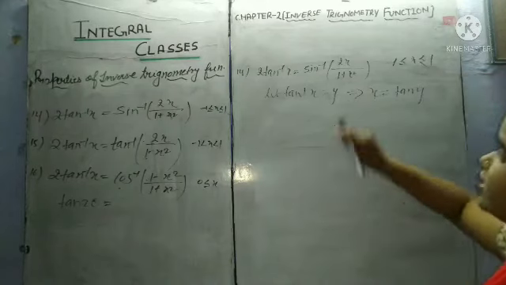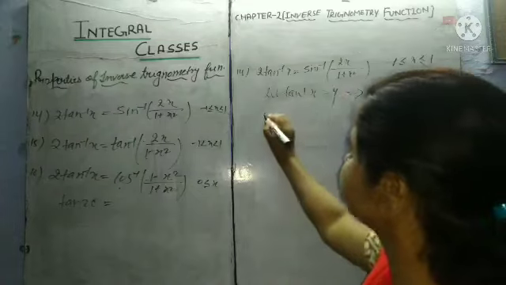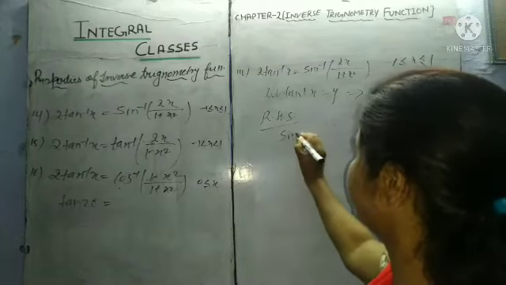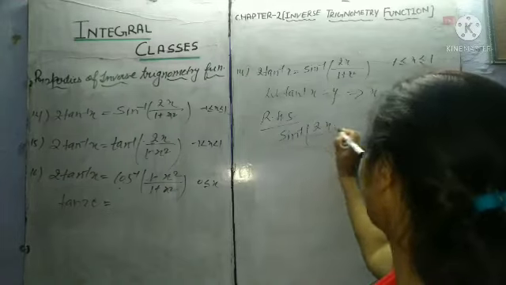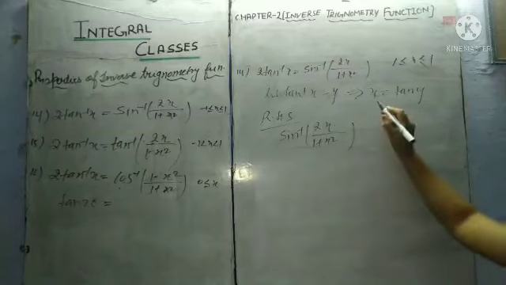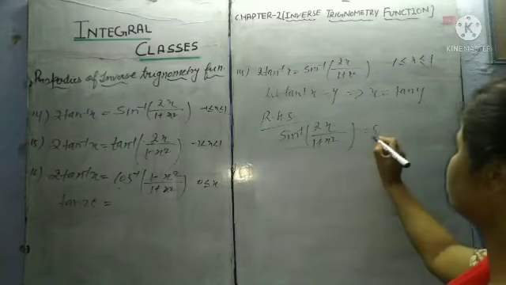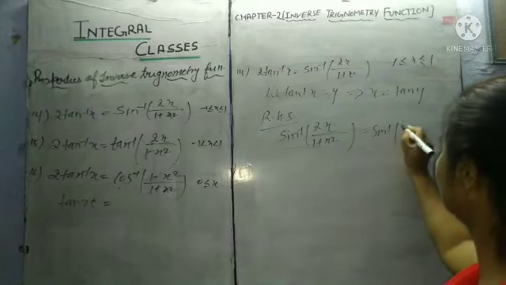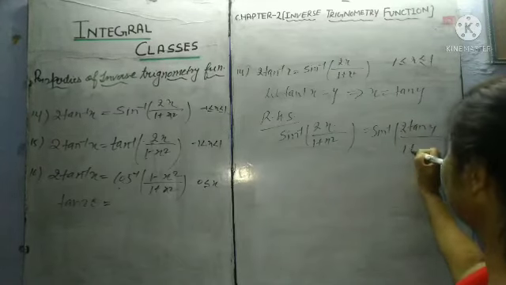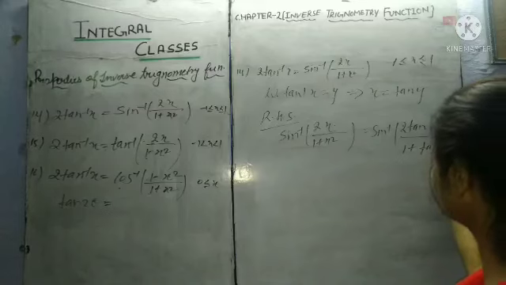Now we will consider the right hand side, which is sin inverse of 2x upon (1 plus x square). Now we will replace x by tan y, so sin inverse of 2 tan y upon (1 plus tan square y).